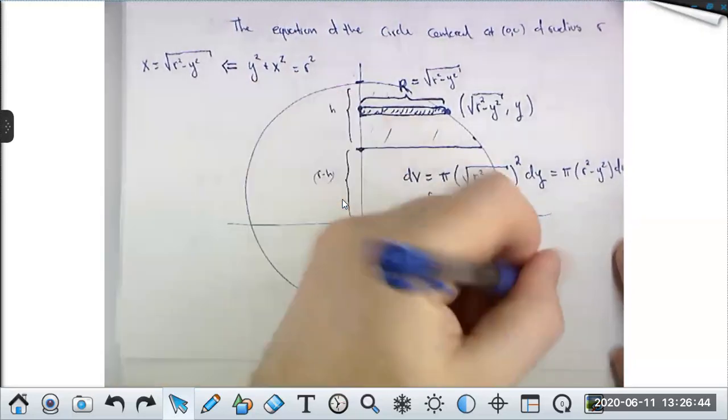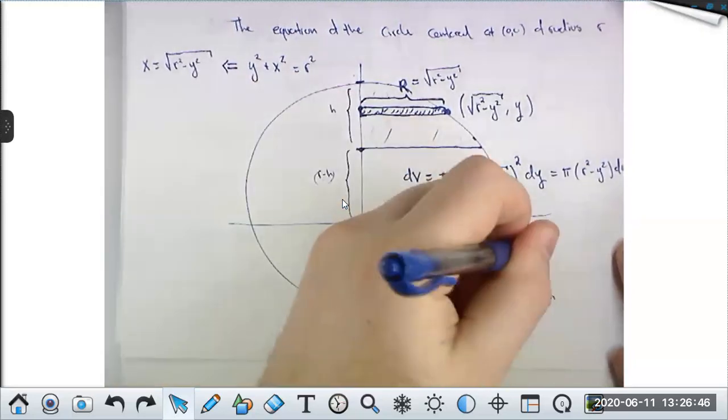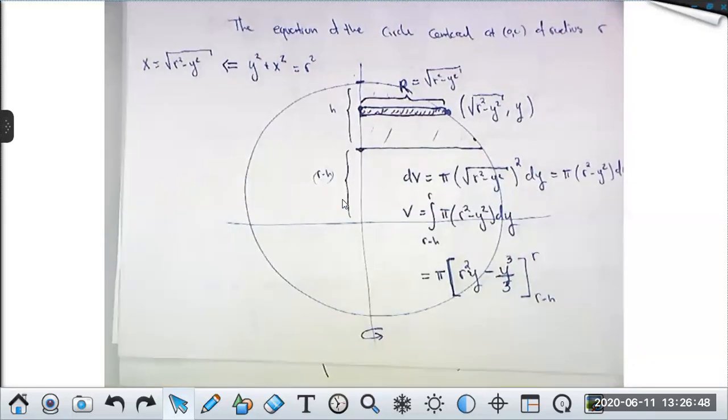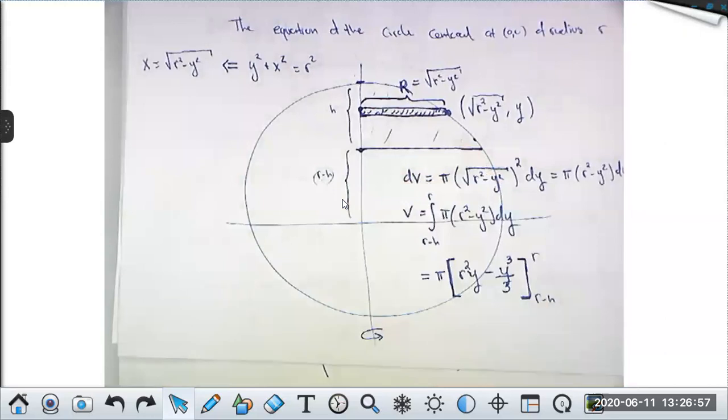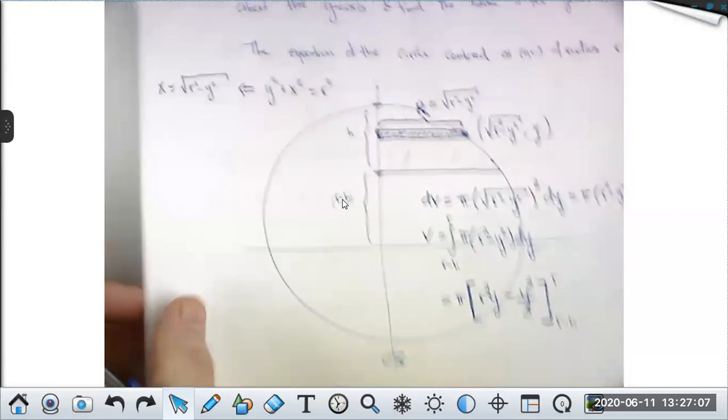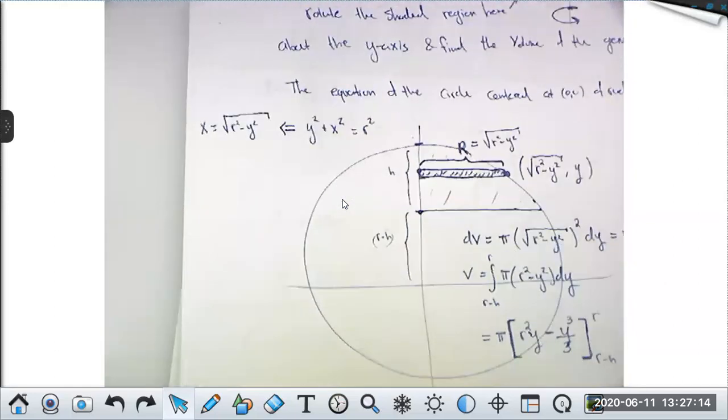And we evaluate this from r minus h to r. Do we just plug it in as normal, like top minus the bottom? Plug in the top, and then we'll subtract from that what we get when we plug in the bottom. Okay.